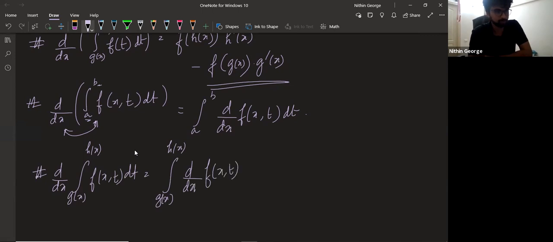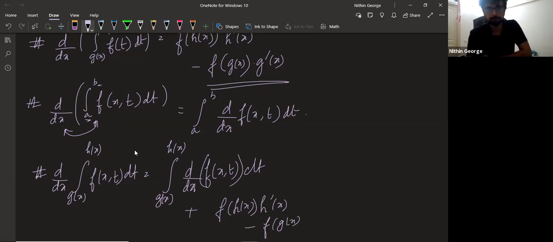We are changing the order first, and then plus f of h of x comma x times h dash x. Chance of them asking this is very low, but it can be useful just in case they ask in two variables, x and t. Like x will be there, but then there's a dt here which is integrated that way.